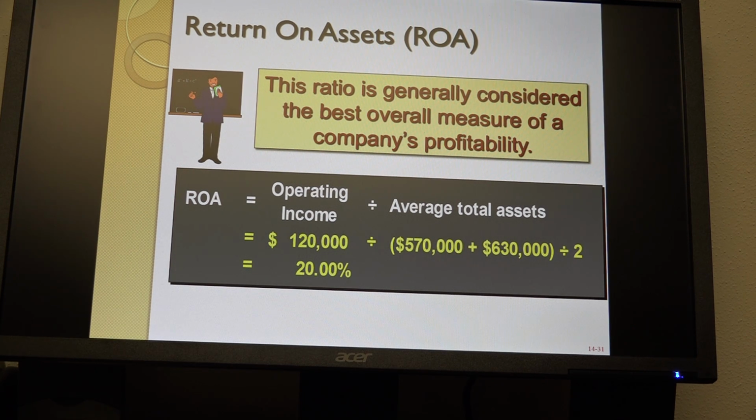You've got average total assets, which is you figure out your total assets at the beginning of the year, figure out your assets at the end of the year. You add those numbers together and divide by 2. That's your average total assets. And so here, again, the percentage you want to be higher rather than lower.